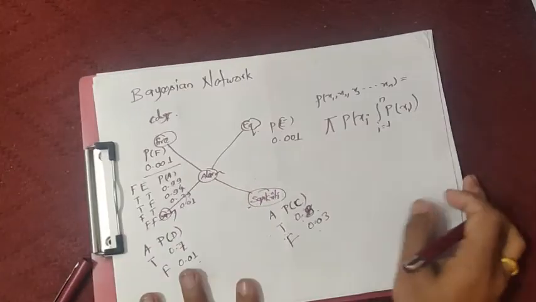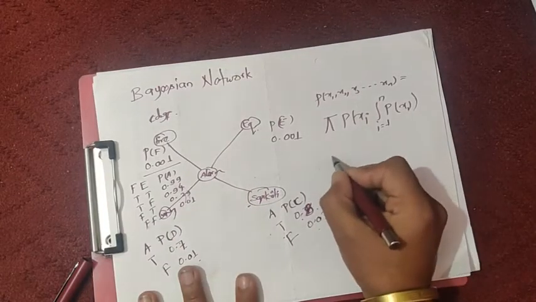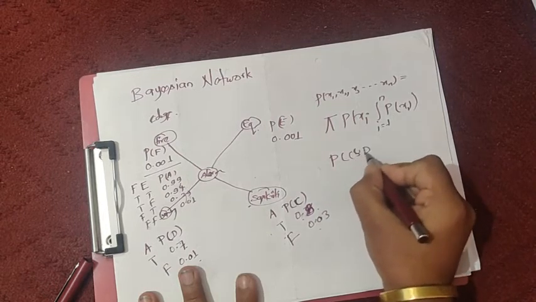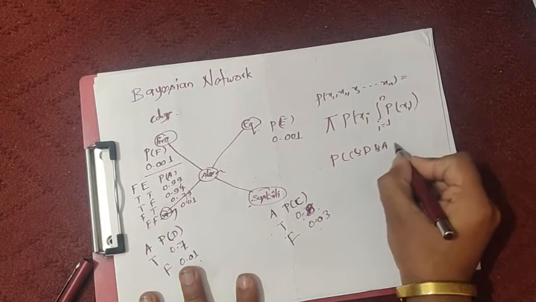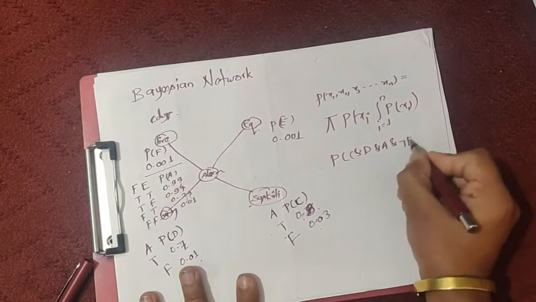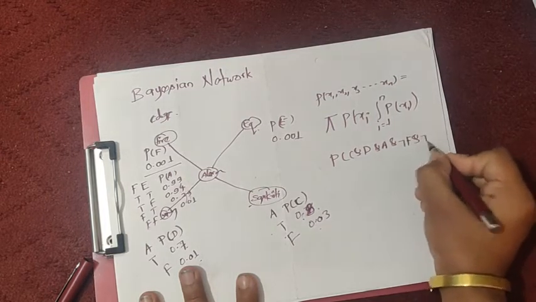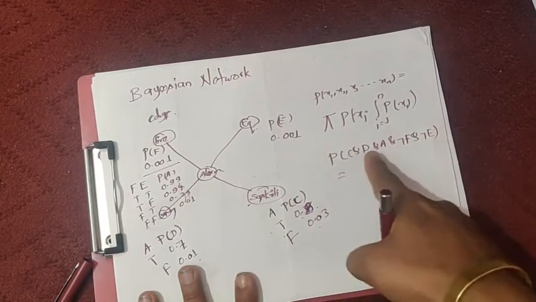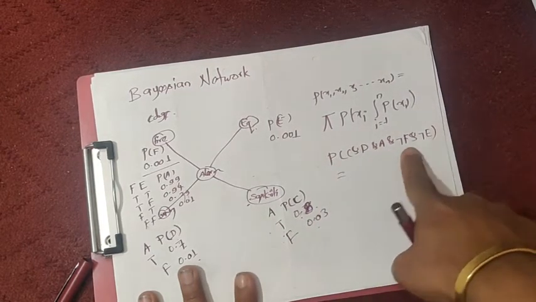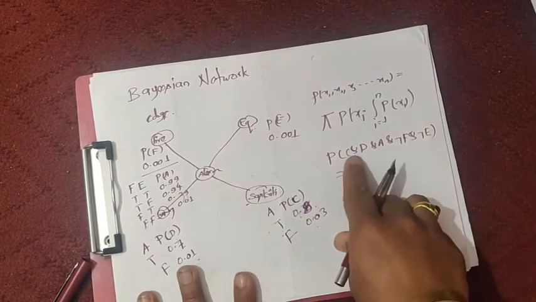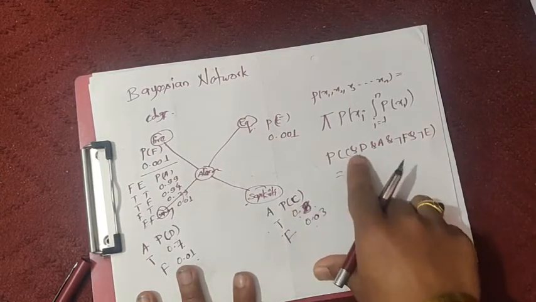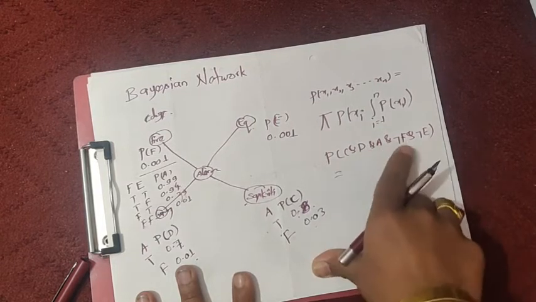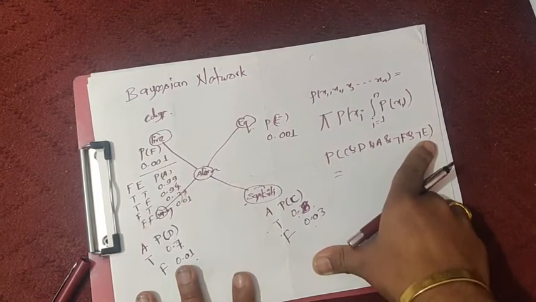Let us consider an example: the probability of C and D and A and not F and not E. That means C true, D true, A true, fire false, and earthquake false.